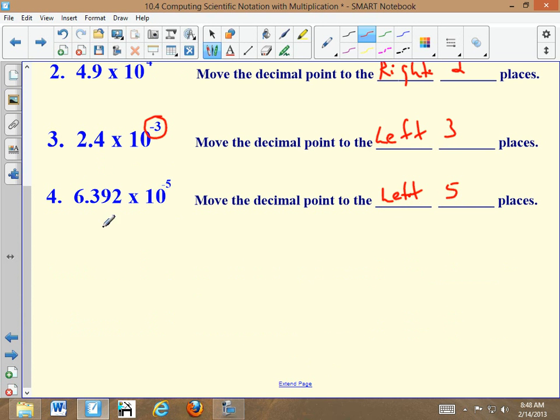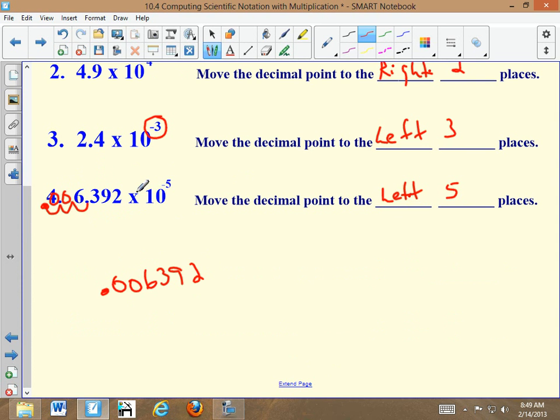If I move it to the left, 1, 2, 3 spaces, I need to add 2 zeros, 0.006392. That is the decimal form of 6.392 times 10 to the negative power.